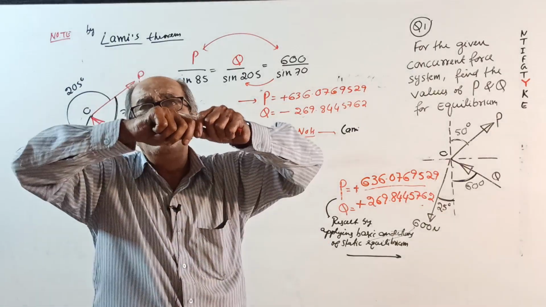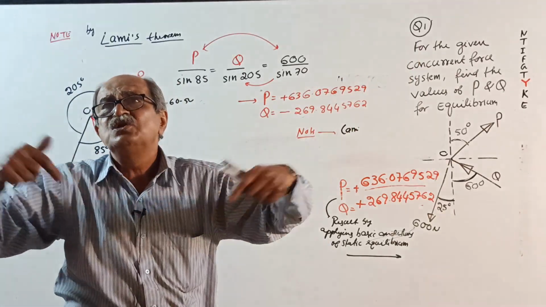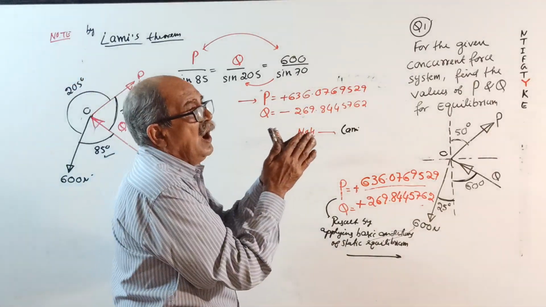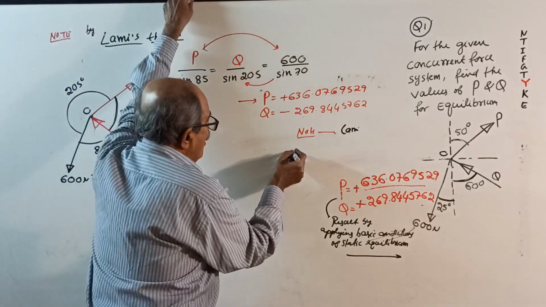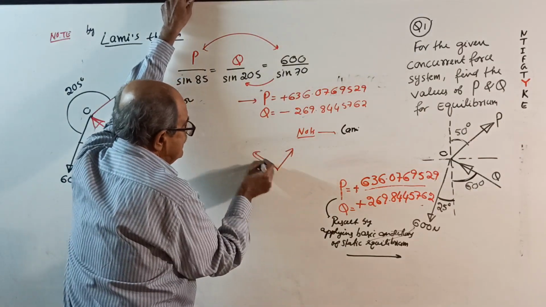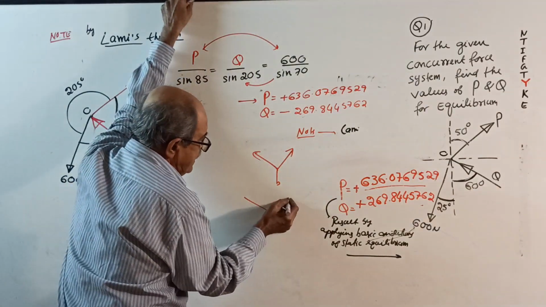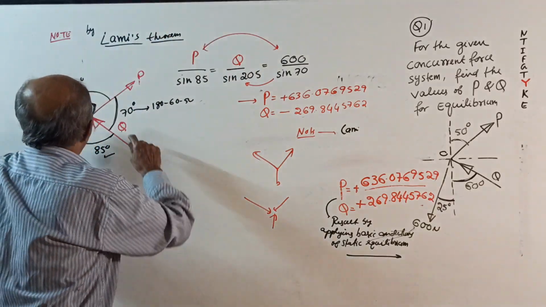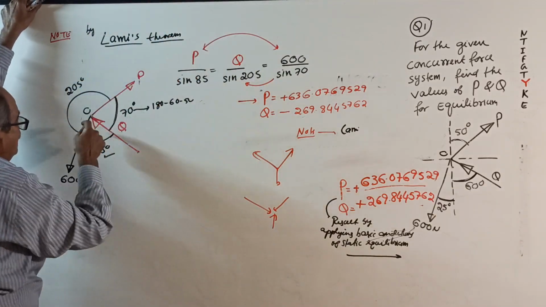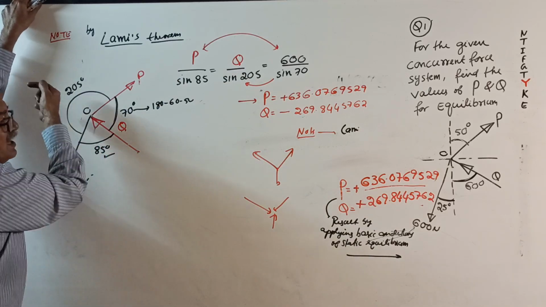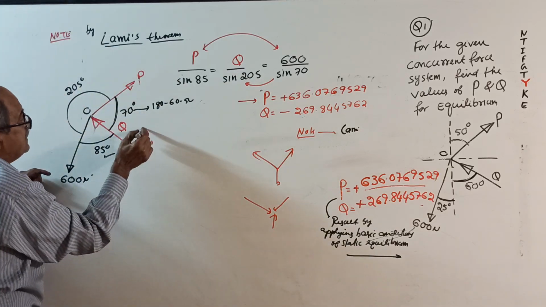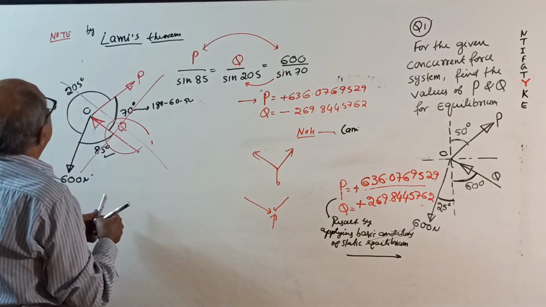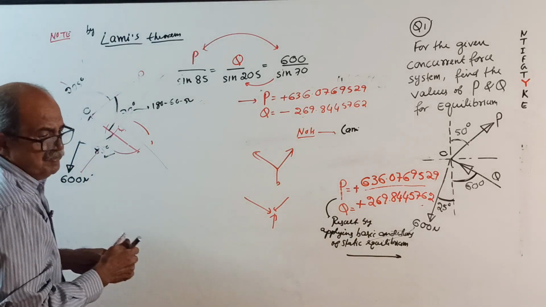So either all should diverge or all should converge, all should be outgoing or all should be incoming. Mix up is not possible. See here, this is outgoing, but this is incoming. Oh, this is the mistake, wrong solution. Therefore, let me correct it now.